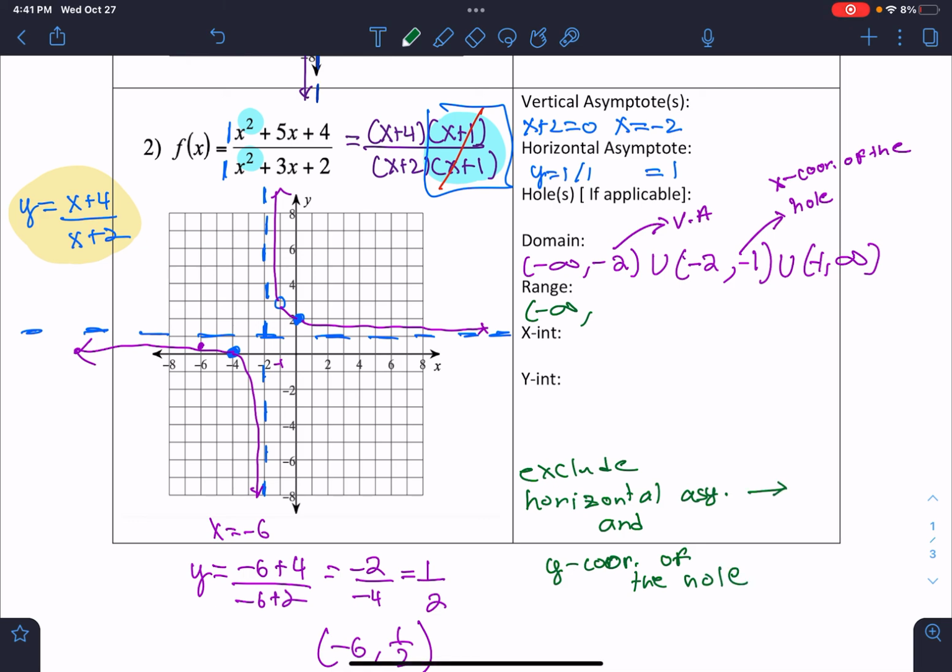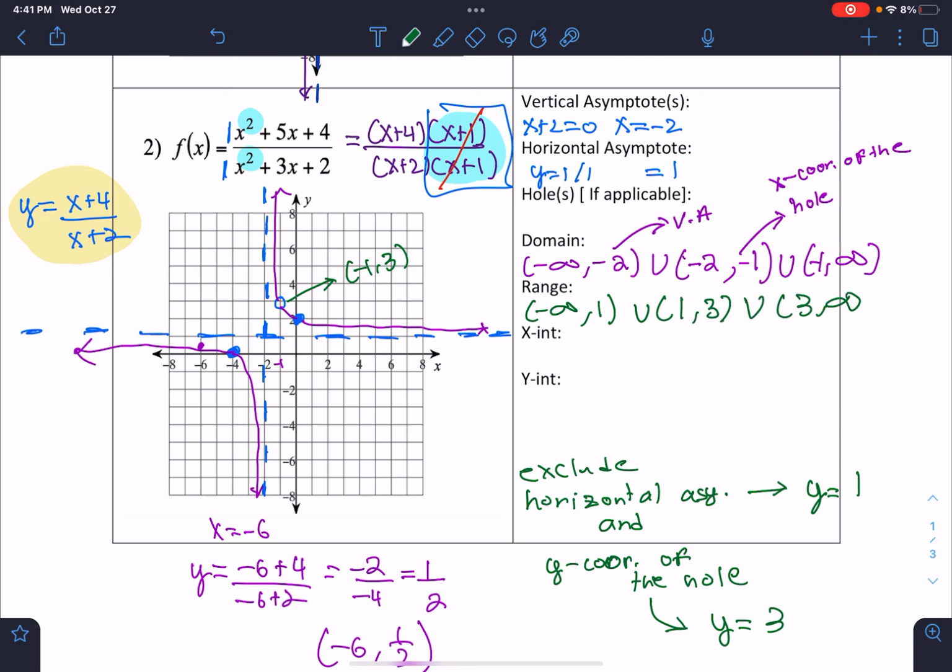Horizontal happens at y equals 1. The y coordinate of the hole, what was this point again, everybody? This was -1, 3, right? So that happens at 3. Our range is going to be from -∞ to 1, 1 to 3, and then 3 to infinity. And that's how you do that.